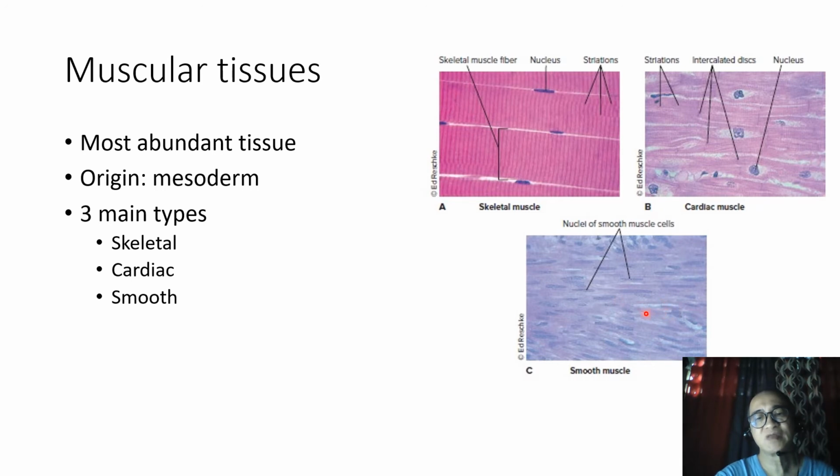They're located mostly at the walls of internal organs like digestive organs, blood vessels, and hollow organs like the urinary bladder and urethra. They make up the walls of these internal organs, and being under autonomic regulation, the smooth muscles are also involuntary in function, compared to the skeletal muscle, which is under somatic control, and so is voluntary in function.